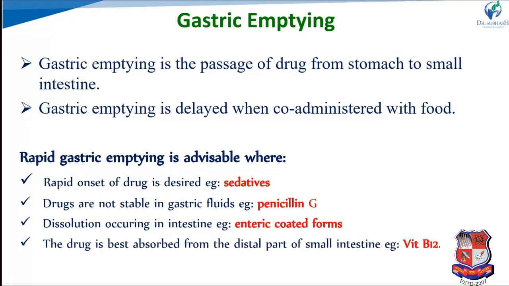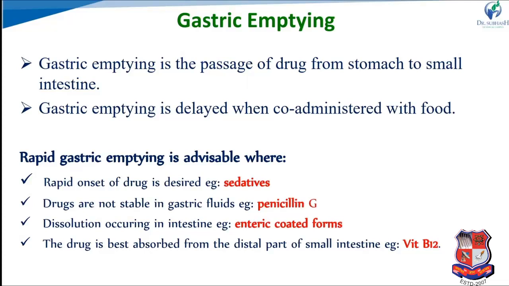Suppose rapid onset of action is desired, then we require rapid gastric emptying. All the content of the food or drug present in the stomach rapidly goes to the small intestine for absorption, so we get a faster onset of action.